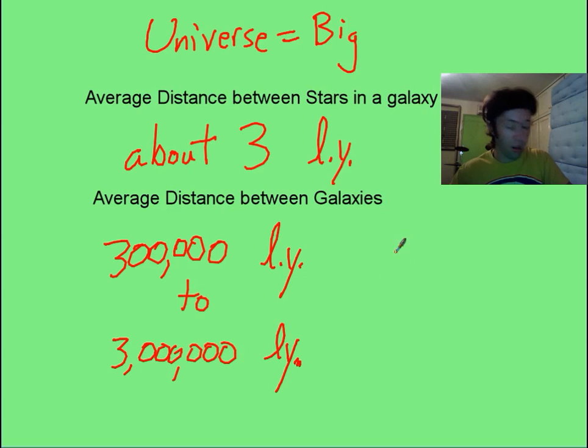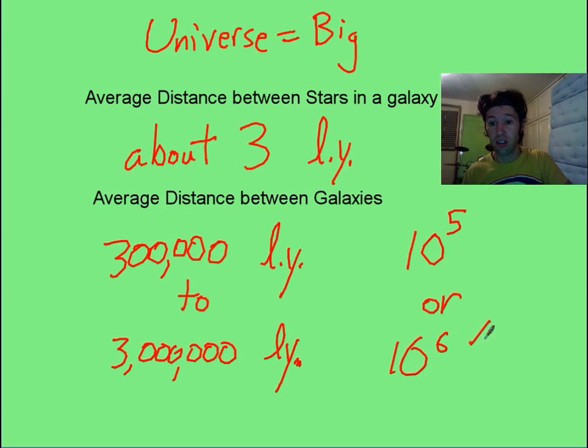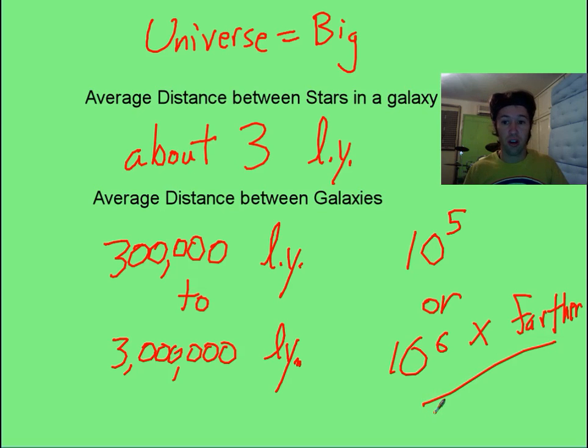And so if you want to look at how many times farther a galaxy is than a star within our galaxy, we are talking about 10 to the 5th or 10 to the 6th times farther. To get from Proxima Centauri to another galaxy, you're going to have about 1 million more time increments on your ship. That could be lengthy.